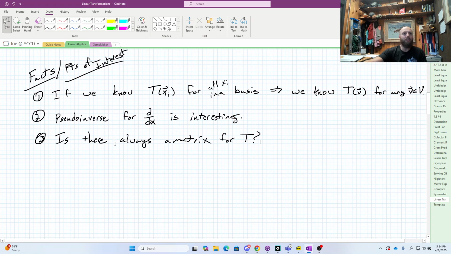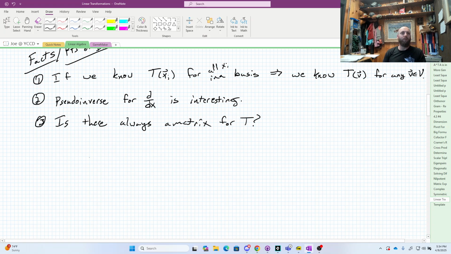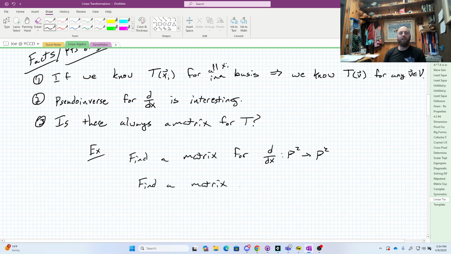So an example of something that you could lay your hands on that would be kind of cool is maybe find a matrix for the derivative mapping second degree polynomials to second degree polynomial space. That should be a relatively doable thing. Find a matrix for the pseudo-inverse would be a cool idea.